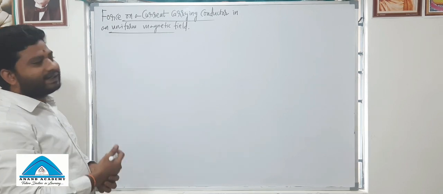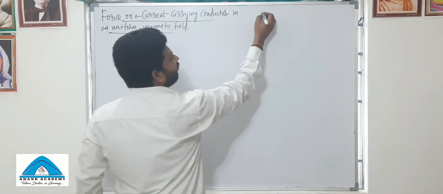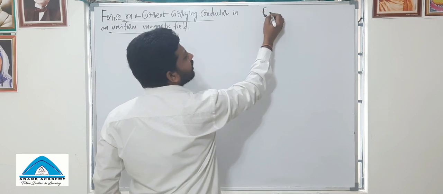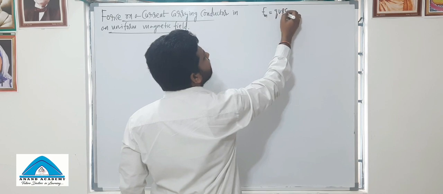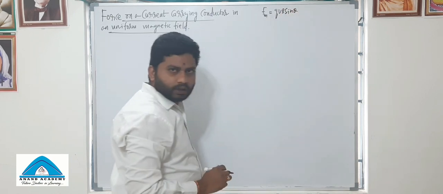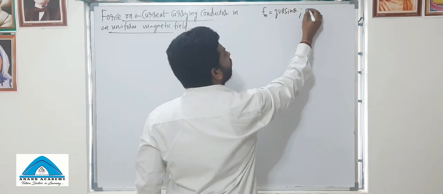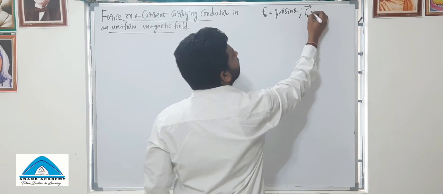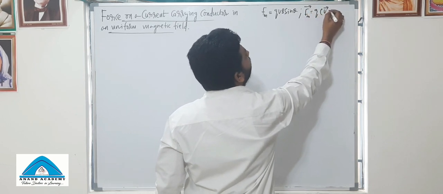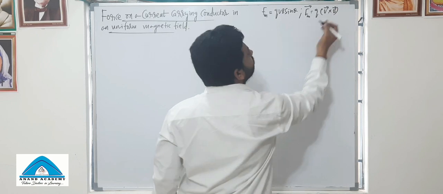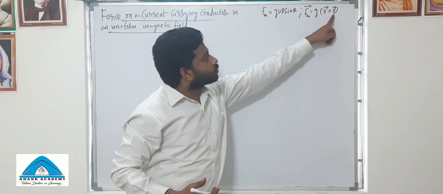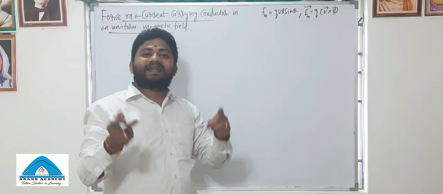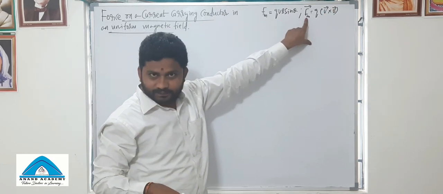We had already discussed force on a moving charge in a magnetic field, which is QVB sine theta. If you want it in vector form, F_m bar is equal to Q into V bar cross B bar. I hope you could recollect this equation. This V bar cross B bar will give you the direction of this force.